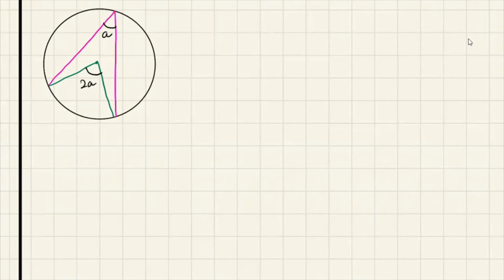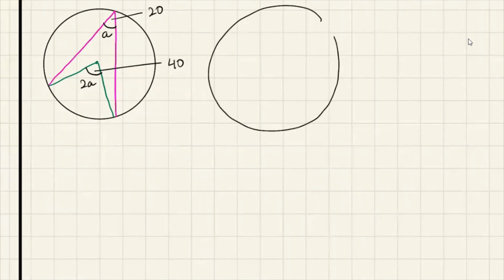So for example, if this is 10 degrees, then this would be 20 degrees. Or if you have this as 40 degrees, then you can automatically say that this angle over here is 40 divided by 2, which is 20 degrees. Now, from here, I can take out one more property.